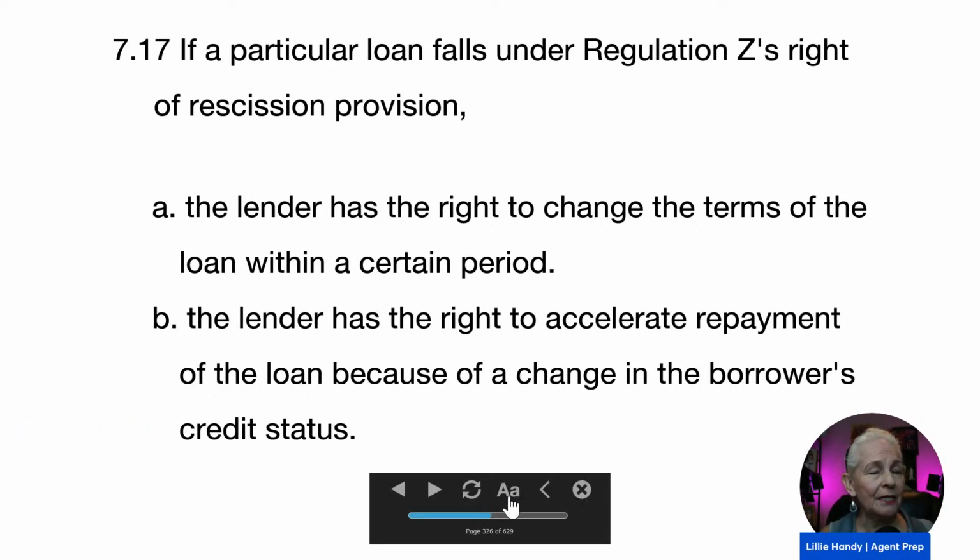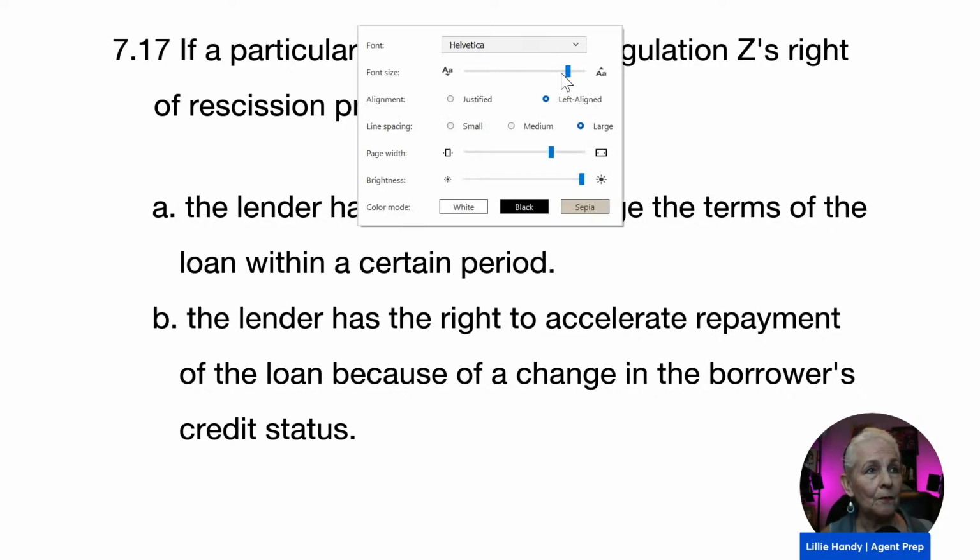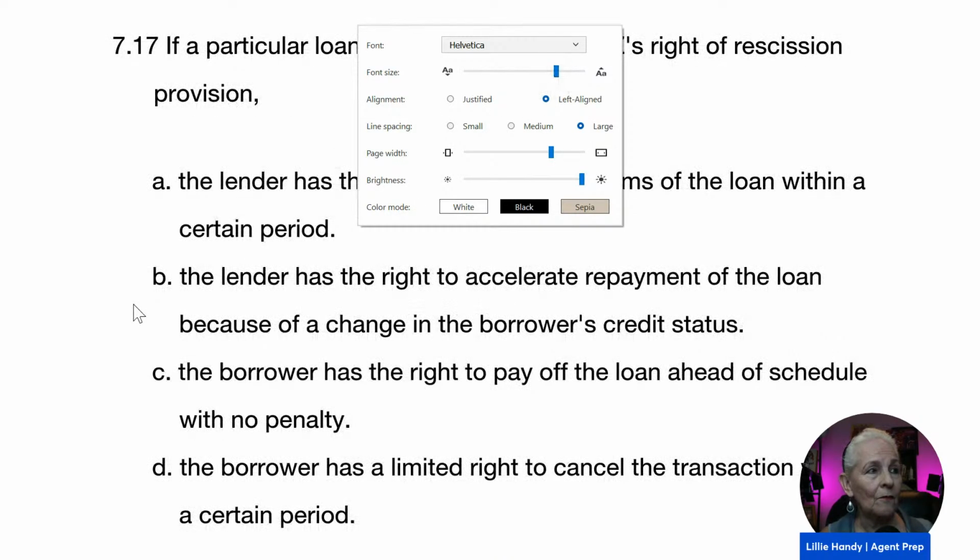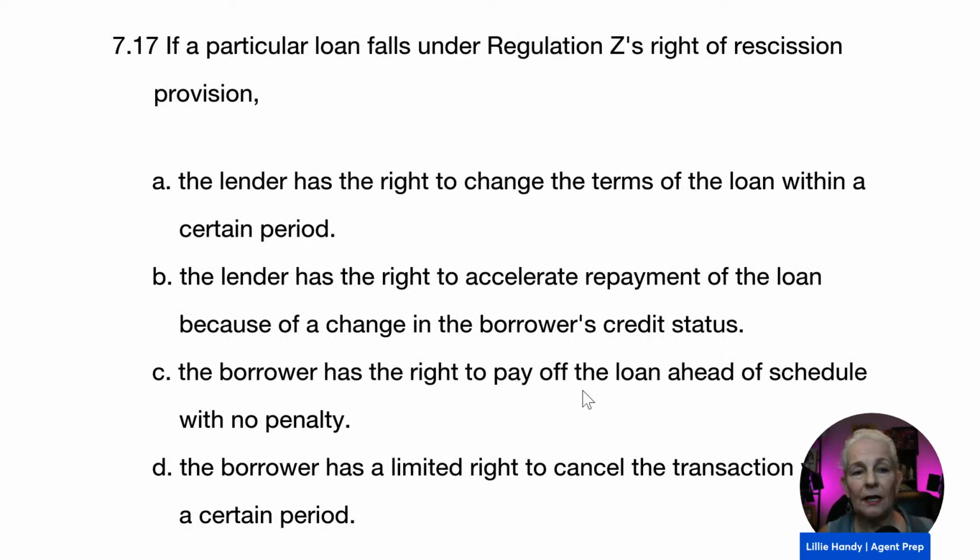Number 17. If a particular loan falls under Regulation Z's right of rescission provision, what happens? A, the lender has the right to change the terms of the loan within a certain period. B, the lender has the right to accelerate repayment of the loan because of a change in the borrower's credit status.